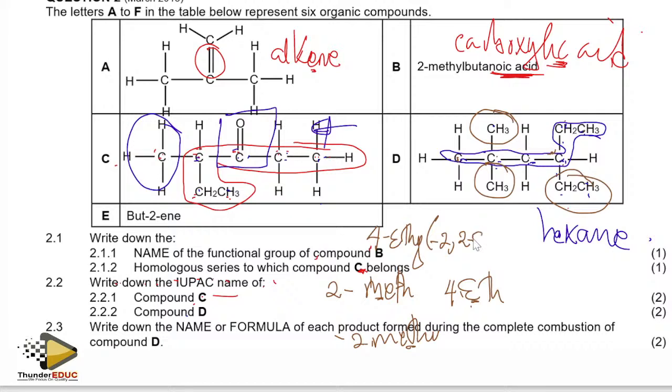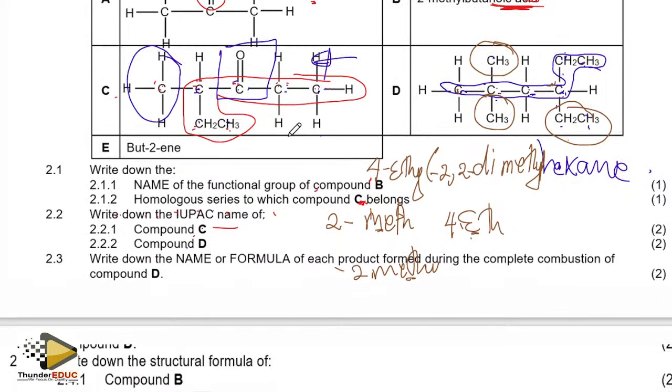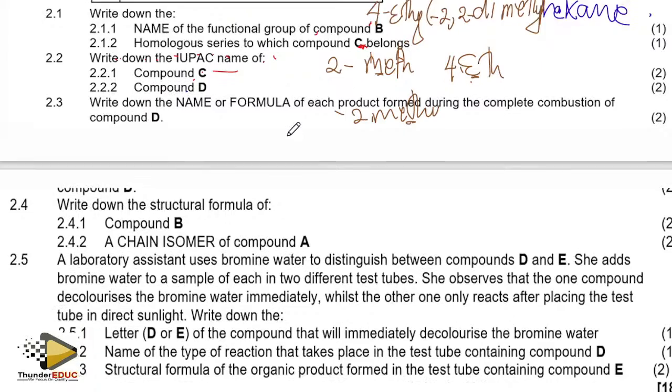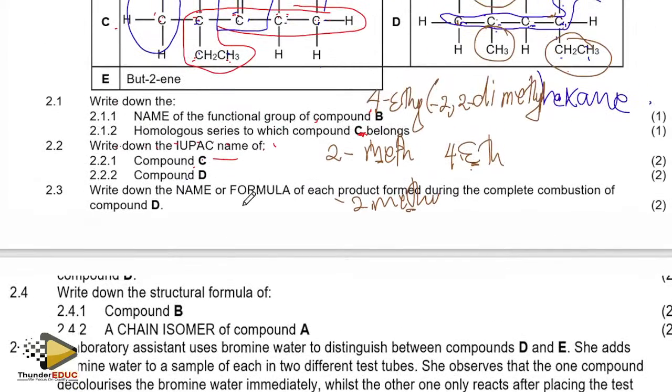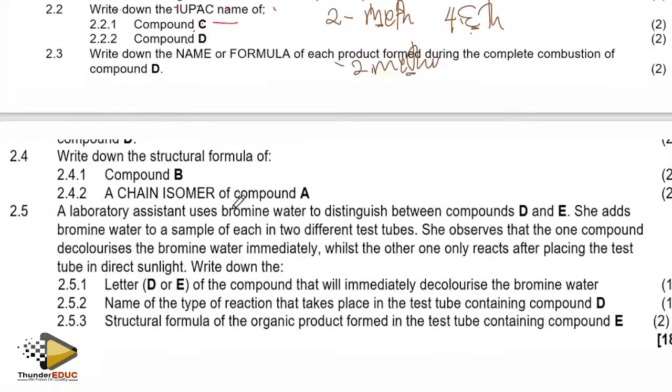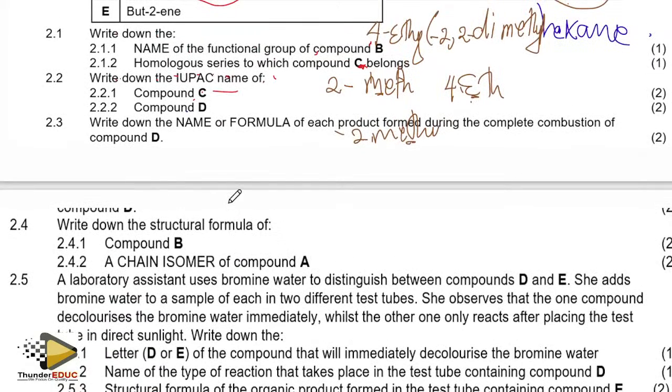Because there are two, I say dimethyl. 4-ethyl-2,2-dimethylhexane. That's how you name it. It's very, very simple.